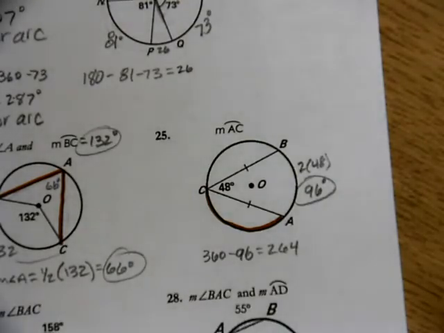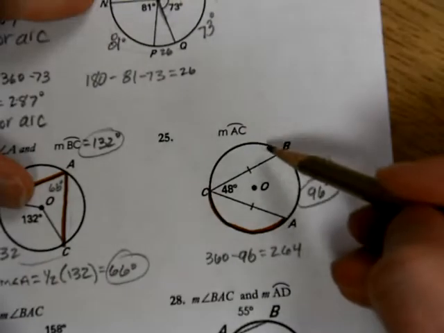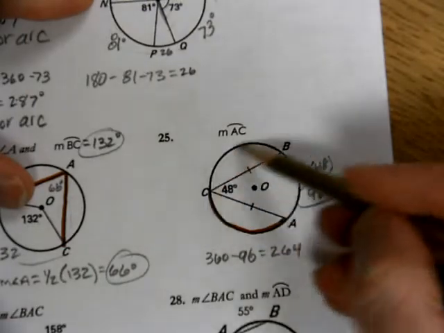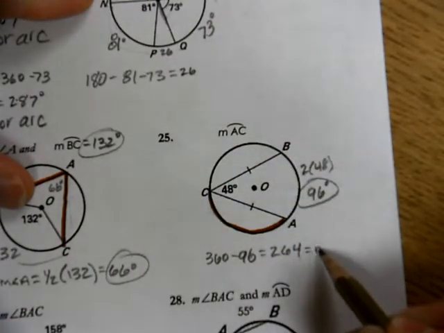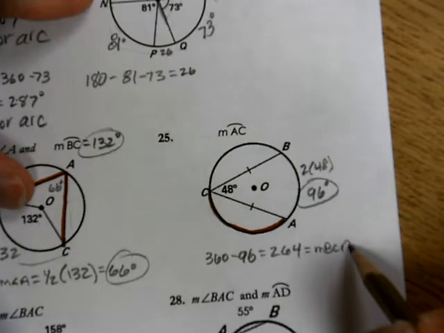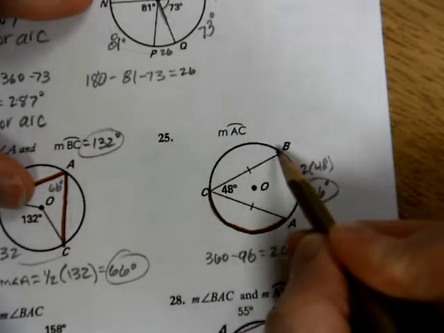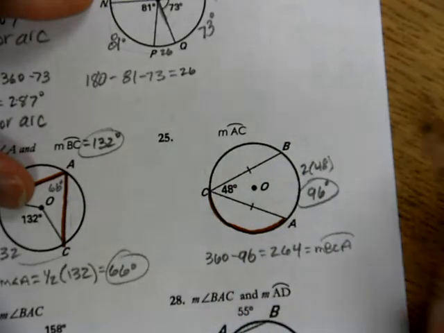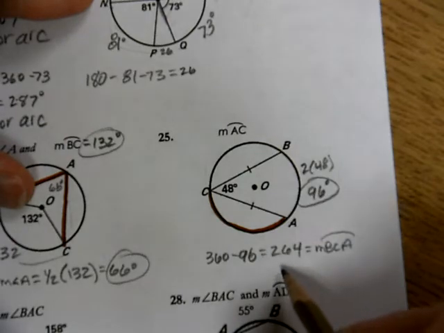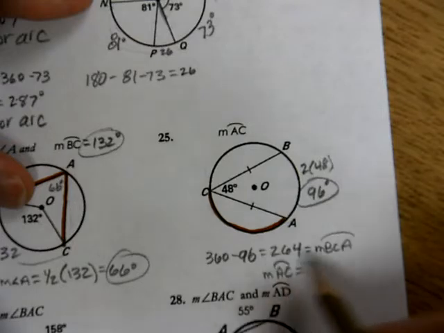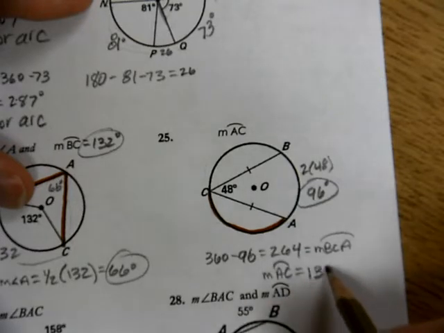It seems to be 264. 264 is the rest. That's going to equal the measure of arc BCA. That's the rest of it, but we need to divide that into 2 pieces. So when we divide that in 2, we get the measure of AC to be 132.